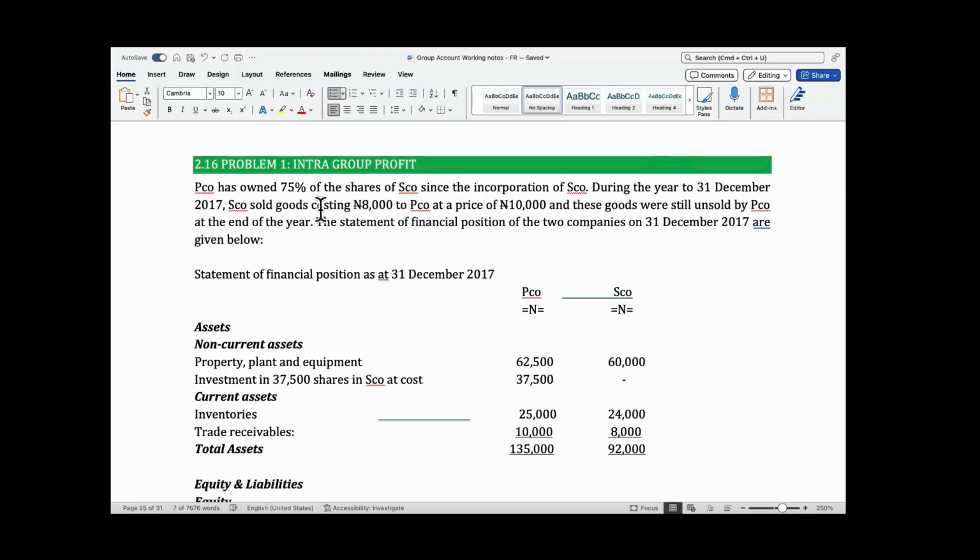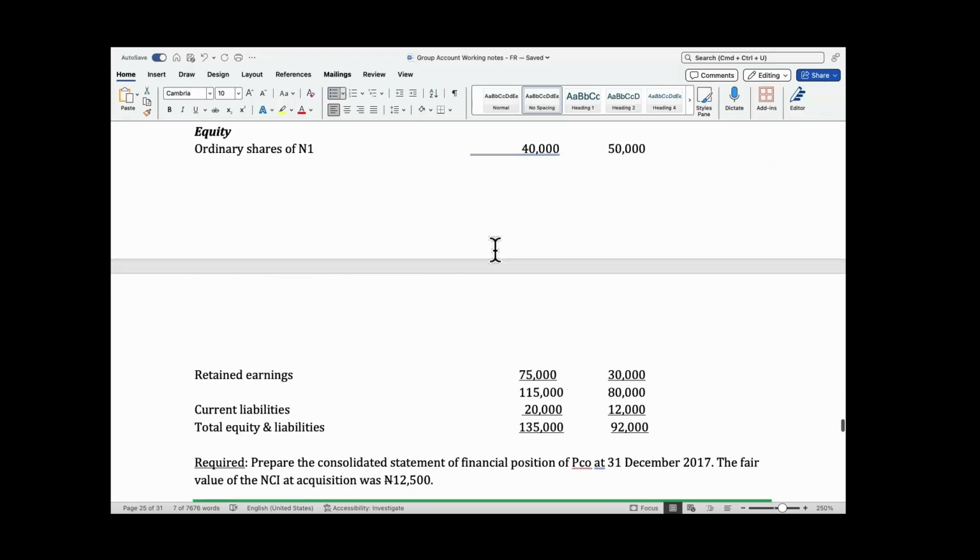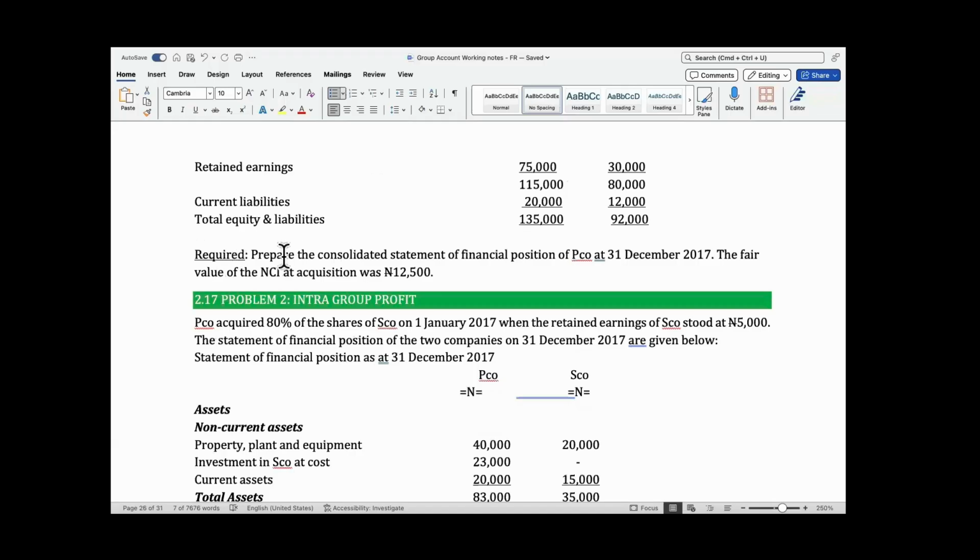A summary of the financial position of the two companies on 31st December 2017 is given below. We are required to prepare the consolidated statement of financial position of Pico at 31st December 2017. The fair value of the NCI at acquisition was 12,500.